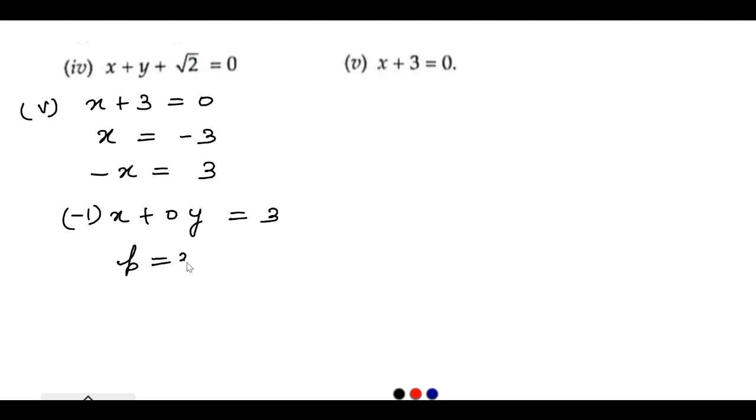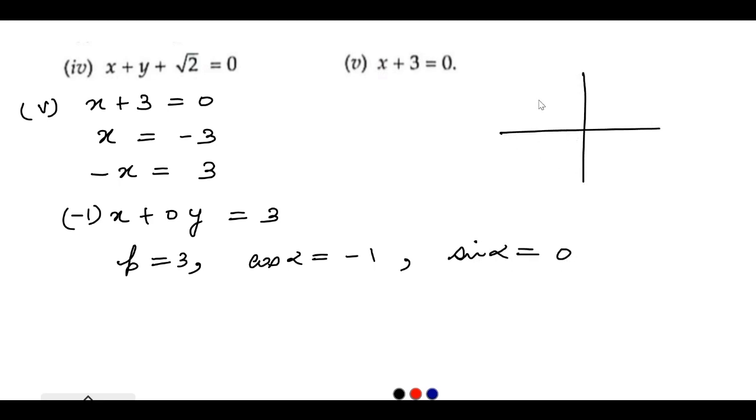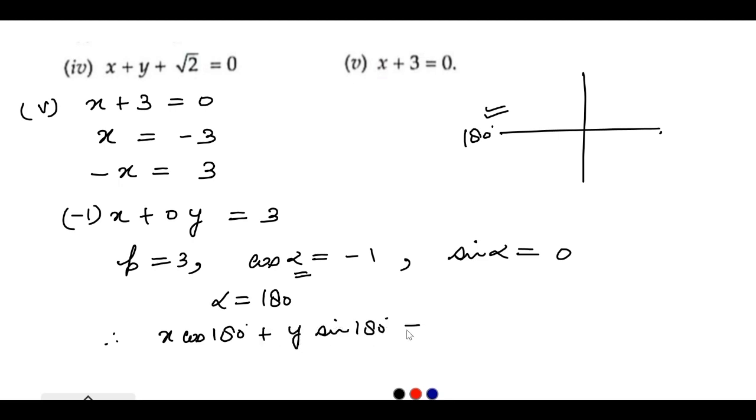Here p is 3, cos alpha is minus 1 and sin alpha is 0. Cos negative and sin 0 means alpha is 180 degree. So the normal form will be x cos 180 degree plus y sin 180 degree is equal to 3.